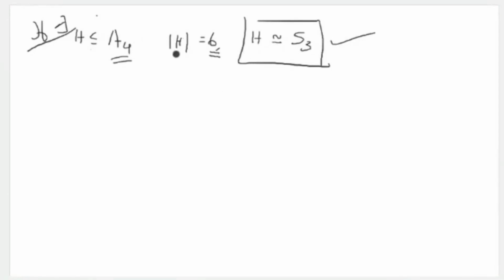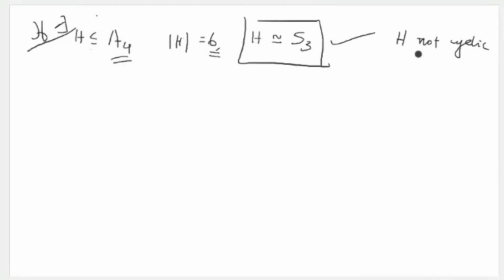So it cannot be cyclic. H cannot be cyclic, because cyclic means I have a group of order 6, and cyclic means it must have an element of order 6. A4 cannot have an element of order 6. S4 cannot have an element of order 6.